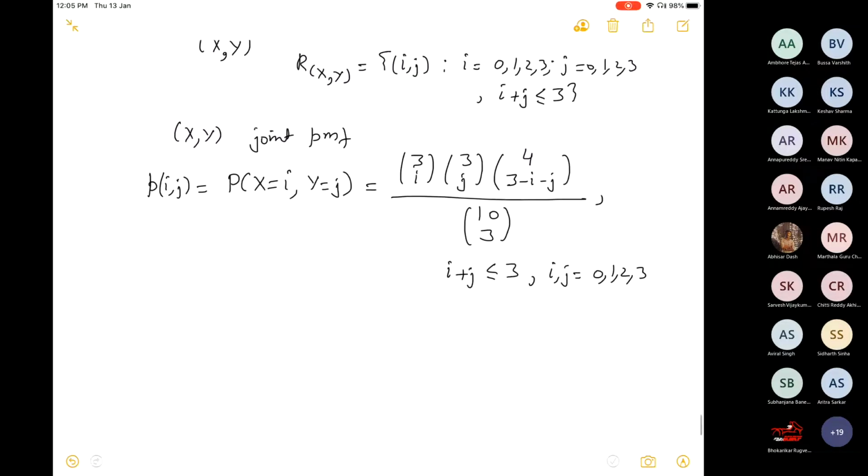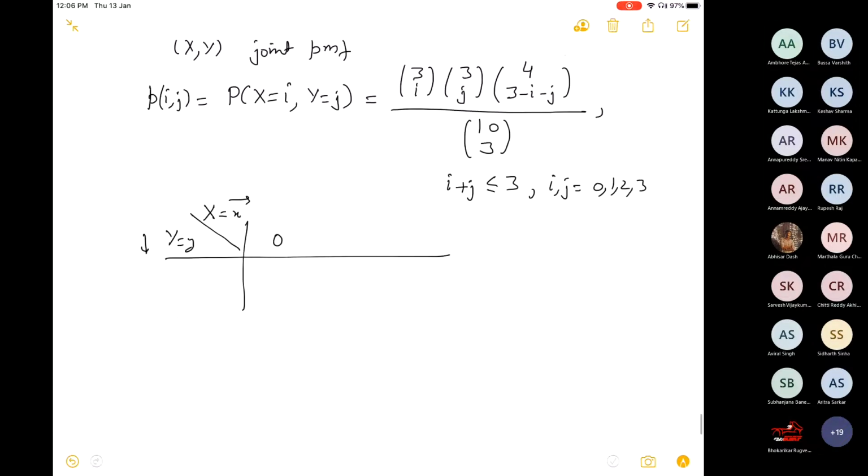Now you can just plug in the values of x and y, that is i and j. Then you can also write x is equal to x, y is equal to y. So x is taking values, let us say 0, 1, 2, and y is taking values 0, 1, 2.